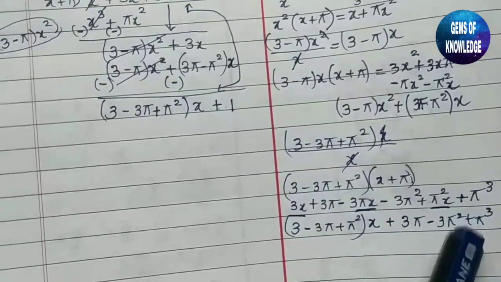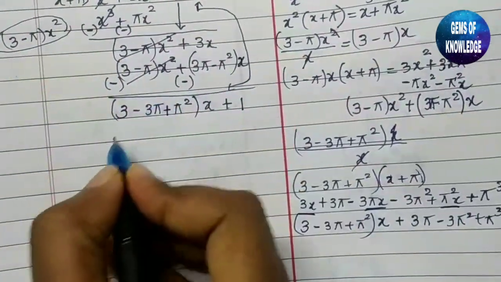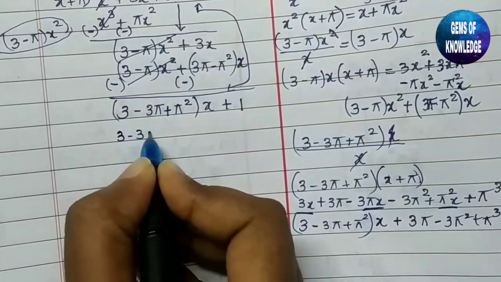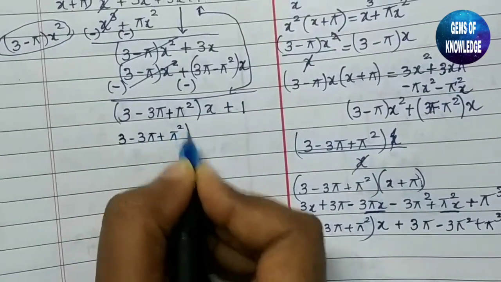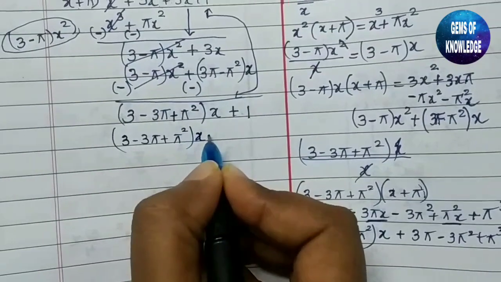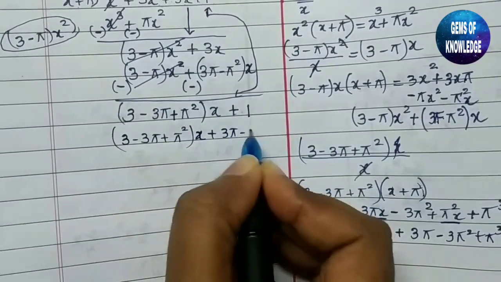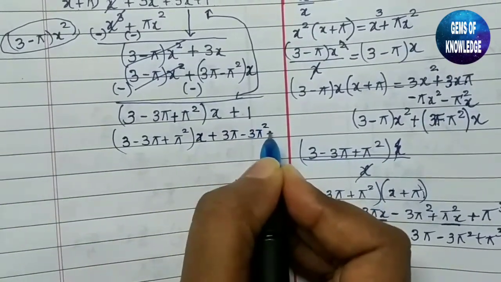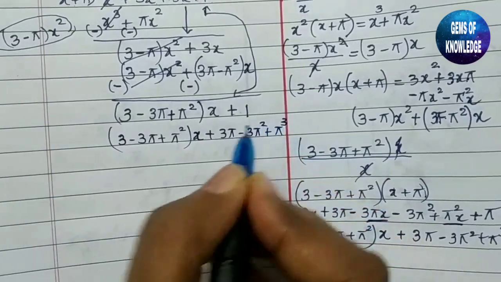Okay, so let us write this complete term here. That is, here we are getting 3 minus 3 pi plus pi square of x plus 3 pi minus 3 pi square plus pi cube.